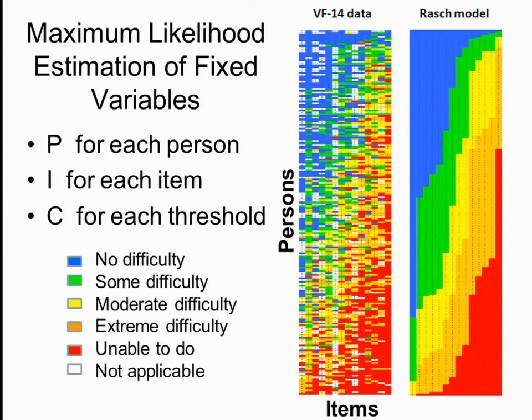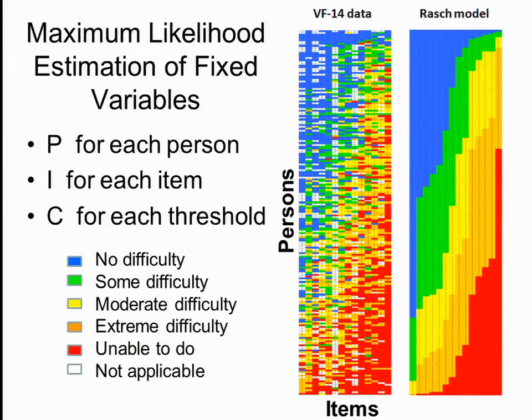Each column is one of the 14 items. Each row is one of 200 visually impaired patients who responded to the questionnaire. The colors correspond to the response each person gave to that item. If it's blue, they said it was no difficulty, up through red, unable to do, and if it's white, that means it's missing. They said it was not applicable.